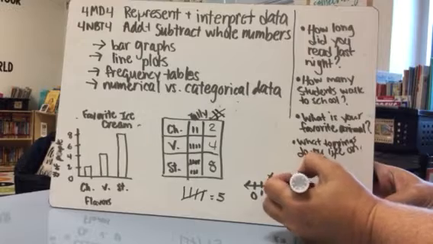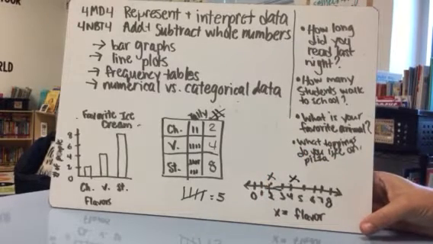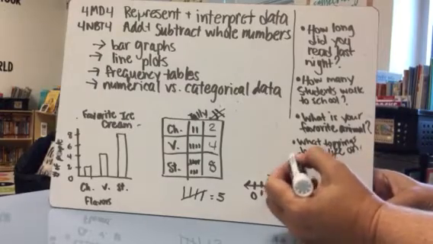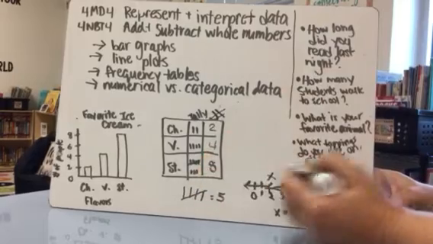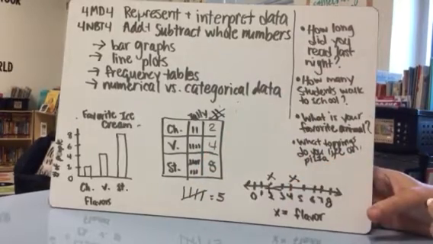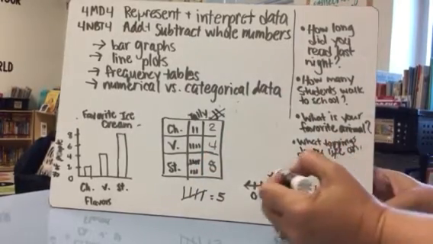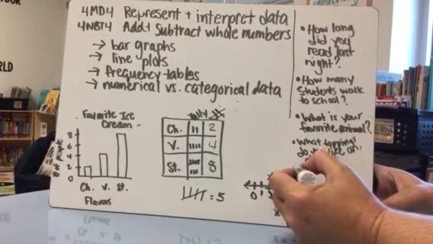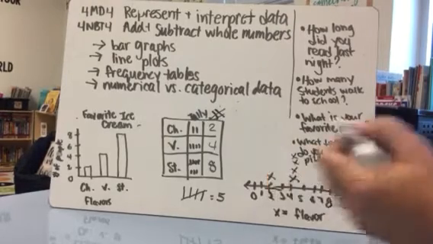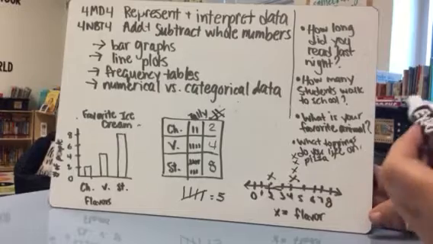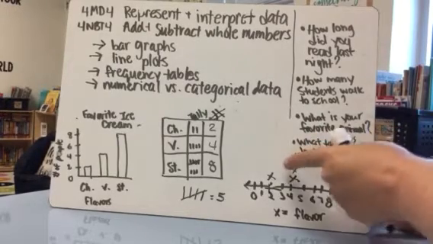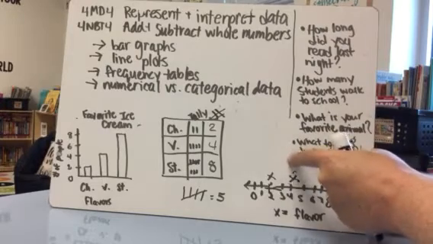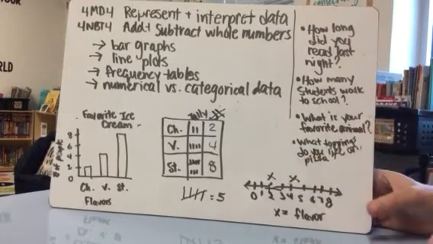So I find the 4 and I indicate that flavor with an X. I'm not putting 4 X's above the 4. 1 flavor received 4 votes is what that would be saying. If I were to put 4 X's above the 4, that would mean that 4 flavors each received 4 votes, like a 4-way tie, and that's not what our data shows.